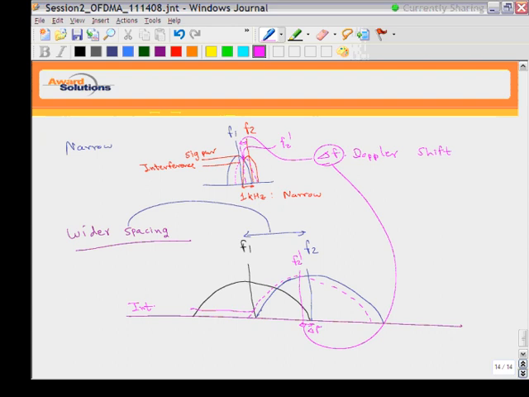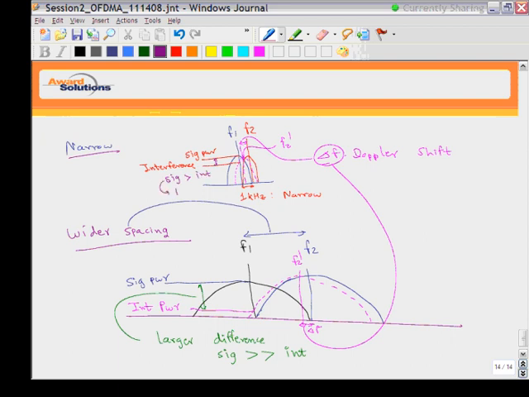This is the interference power. This is the signal power. Now if you observe here, we have larger difference, right? Meaning our signal is quite large compared to interference. In this case, when we had narrow spacing, the signal is only slightly greater than interference.